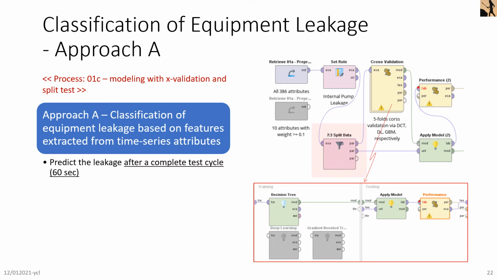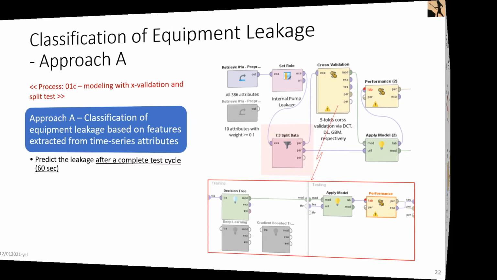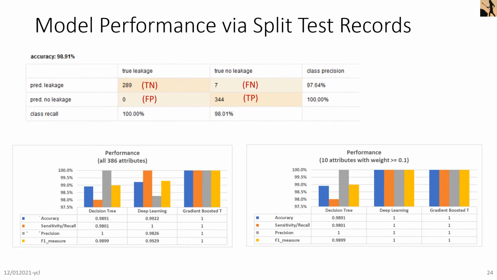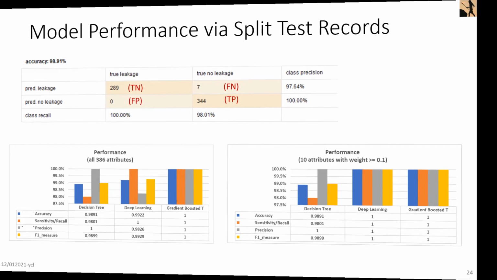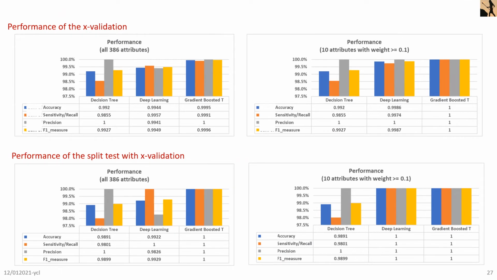Okay, so the same thing here, we run it, and then again we come up with this confusion matrix, and you can see the performance of using all 386 attributes or the 10 top attributes. In this comparison, I just put them all together. On the top is the cross-validation, right?